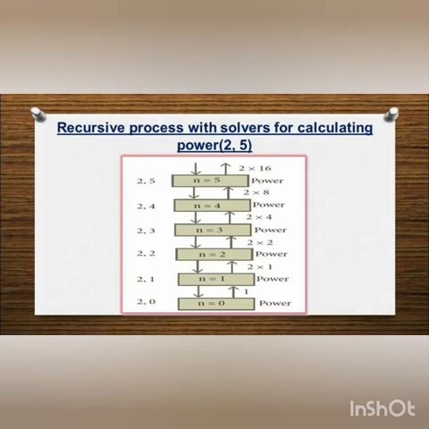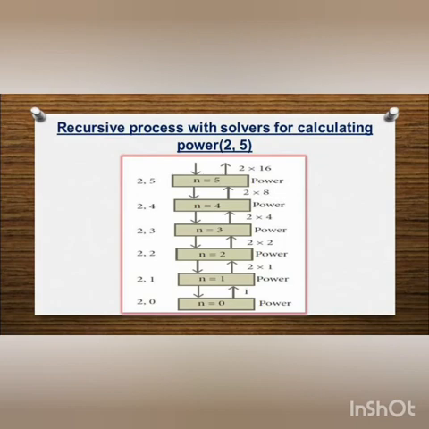Let's see now. A value is 2 and n value is 5. Now we are going to reduce this. Okay, so initially n value is 5 here. Then the question is passed to the next subsolver. Then n value is reduced to 4 and again when it goes to the next subsolver it is reduced to 3 and again to the next subsolver, then it is reduced to 2 and 1 and 0.